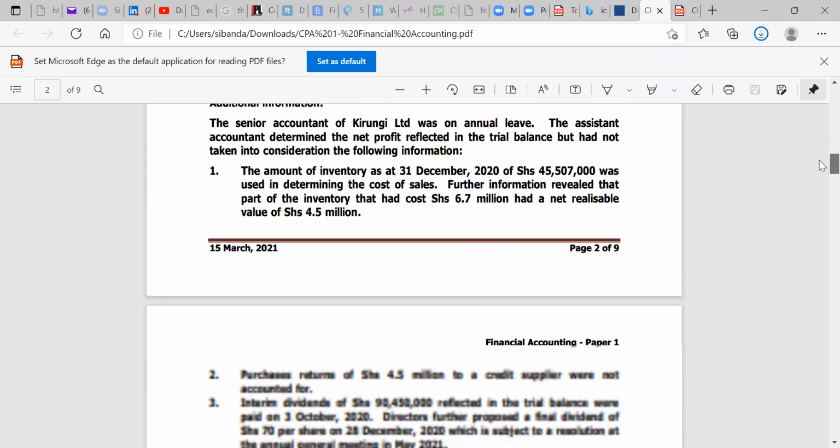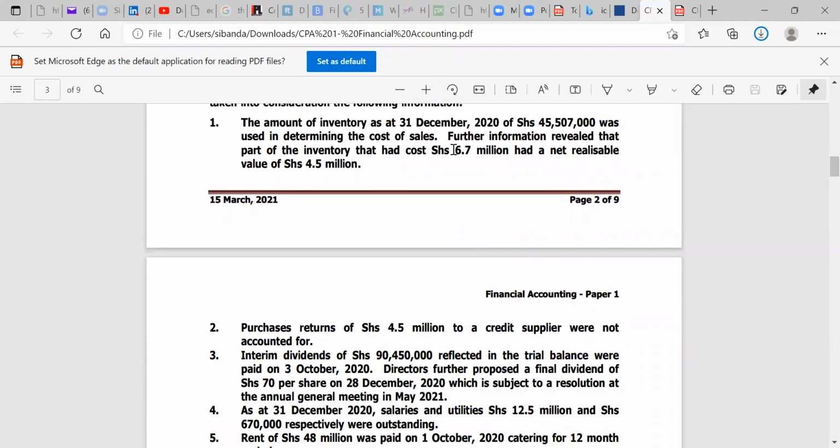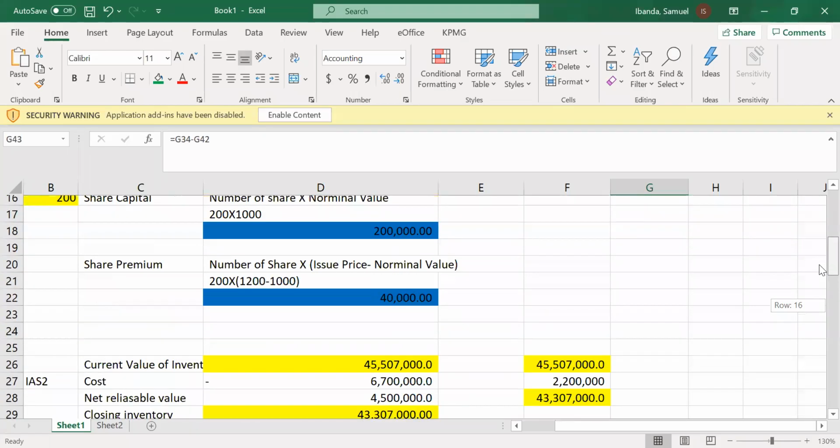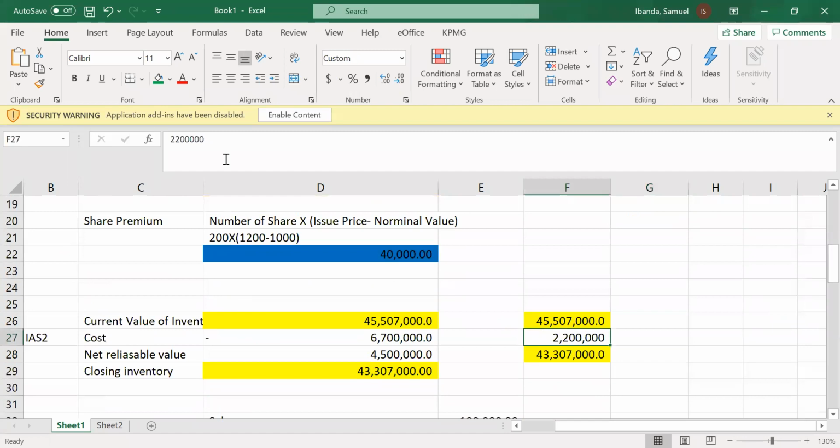So since we have 6.7 here and 4.5, and they recorded a lower figure or they used the higher figure compared to what they would have used. And we have already determined the difference, which is 2.2. 2.2 is the difference between what they used and what we should have used.